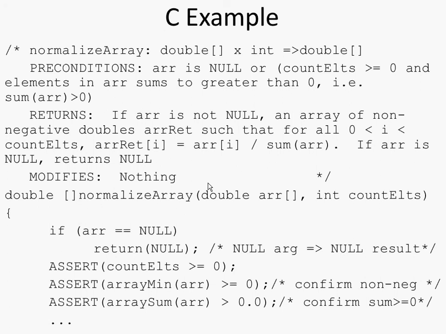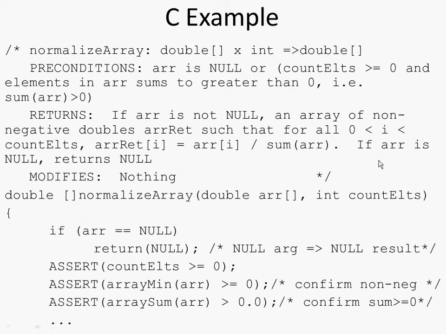And we're going to assert that the sum of the array is strictly greater than 0. Those would be things which we're assuming to do our work. We're dividing by the sum of the array, so we can simply say this array has a greater than 0 sum. And you notice it does insert in the precondition that the array sums to greater than 0.